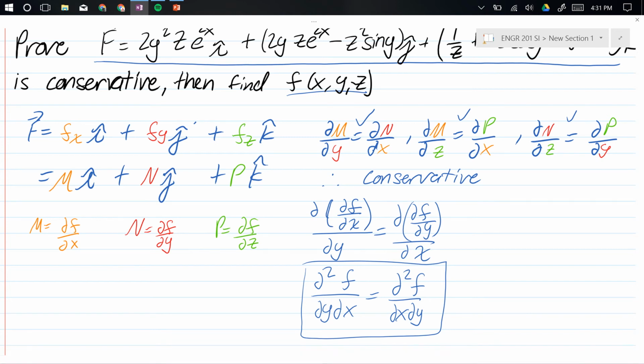If you have a different component, it's not coming from the same f of x, y, z, meaning that there's some other contributor to the force that's either neglecting it or adding on to the force. That means it's not conservative. So if one of these didn't equal, that means that some component of that force did not come from the same f of x, meaning that it's not conservative.